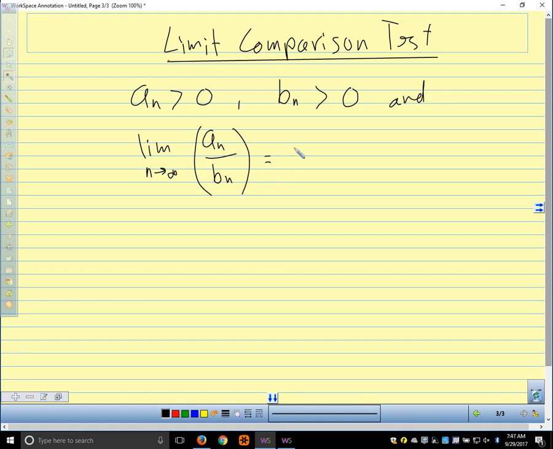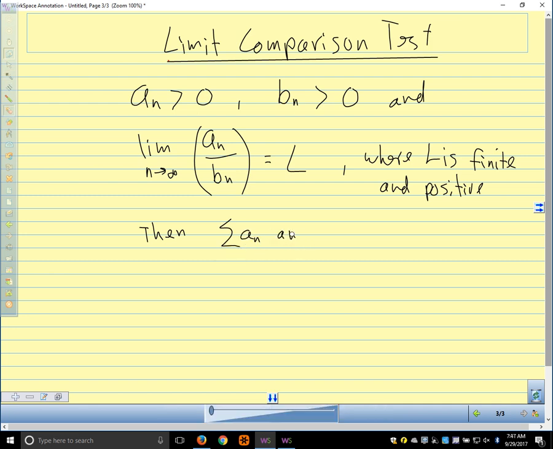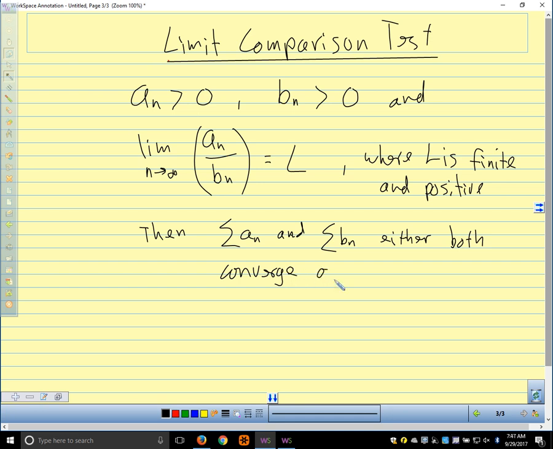If this equals L, where L is finite and positive, then the sum of a sub n and the sum of b sub n either both converge or both diverge.